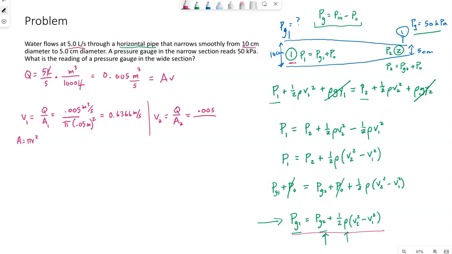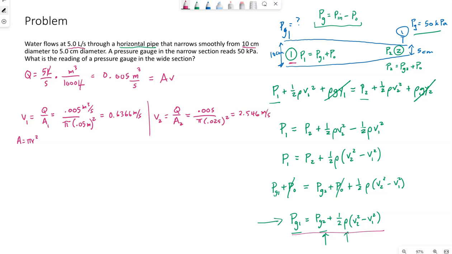At point 2, we're going to take the same flow rate, divide by pi r squared. We just have a smaller radius now. The diameter is 5 centimeters, so the radius will be 2.5 centimeters, which I want in meters. So the speed here is 2.546.